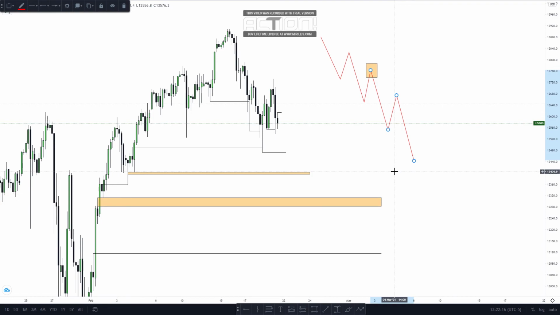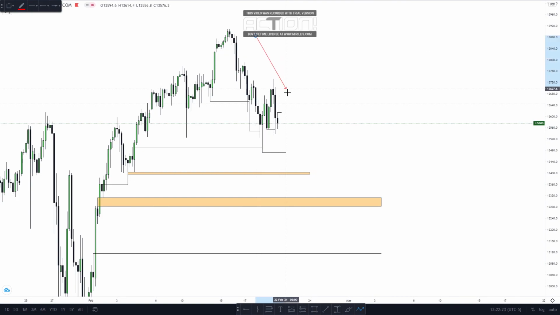But price has to break a structure, and then you have to wait for a retest for further opportunities towards the downside. But that's only if price breaks structure as it heads towards the downside.